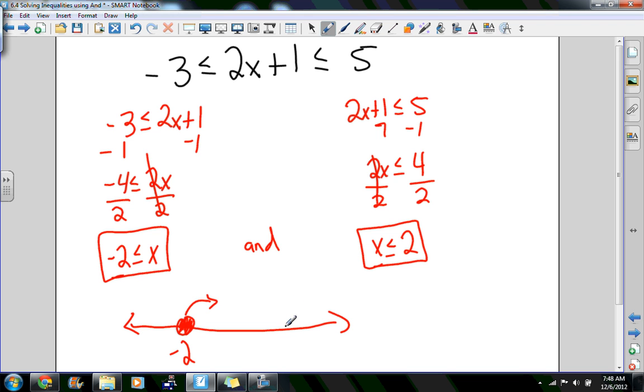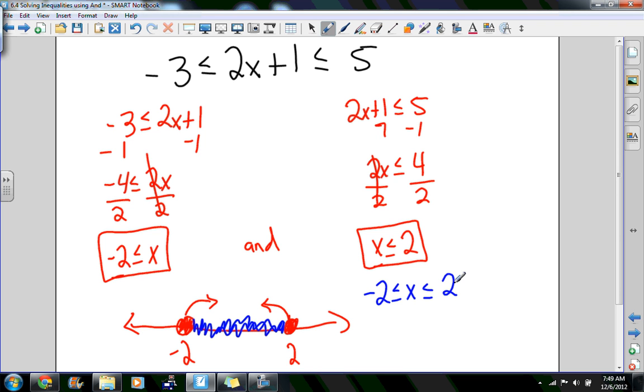And here it's going to be a closed circle. I'm going to be shading left. Therefore, the answer will be in between them. And my algebraic answer will look like this.